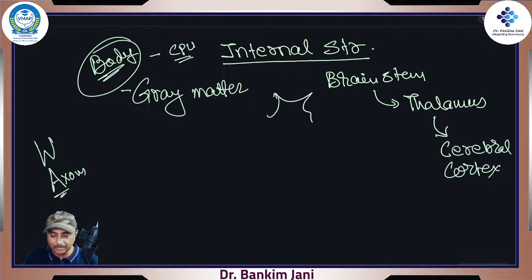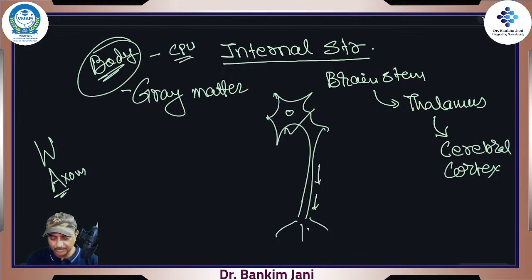So it is like in a neuron. This is the body, that's where the processing occurs. Axons are like wires, they are for transmission, they just transmit. And when multiple such bodies unite, they lead to the formation of nuclei, right? That is why gray matter, and that's why we have nuclei over here.